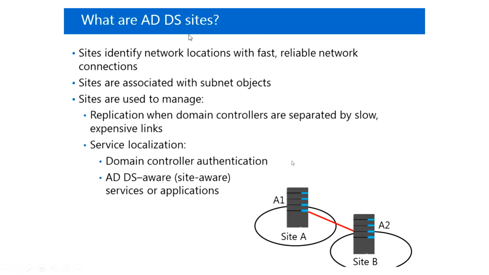If you do not have a local domain controller, then it will be a long call to get the authentication. But if you have a local domain controller, it will be easier and faster for users to access the services or applications within the site. And from that site's domain controller to another site, the replication will happen.